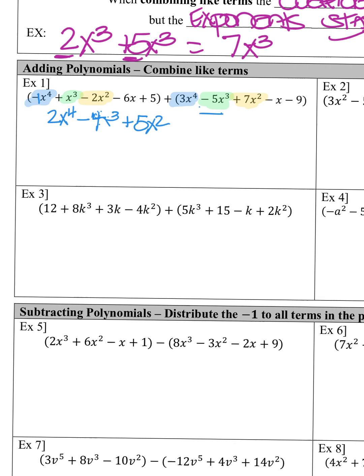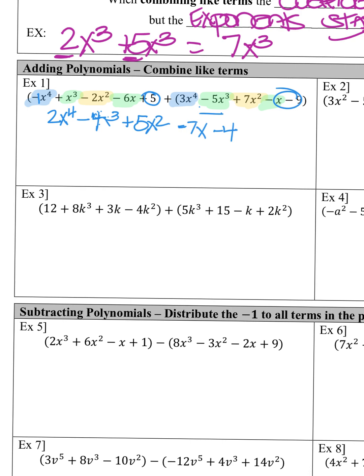Do you see, I have my negative 6x and a negative x here. So I'm going to go ahead and add those two. So that is going to be, did you say negative 7x? And then I am left with my constants, my plus 5, my minus 9, okay, minus 4.